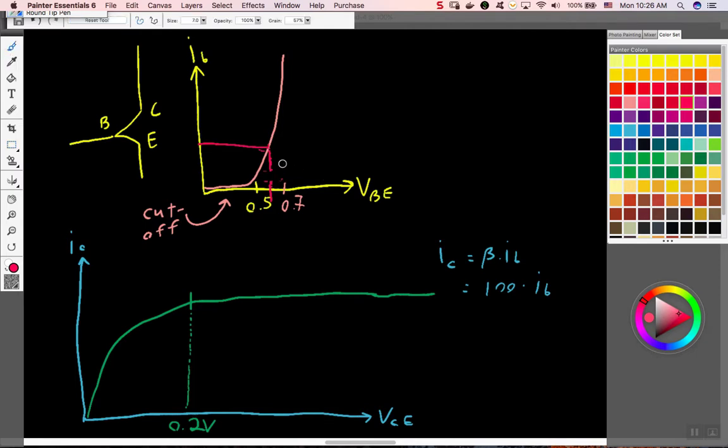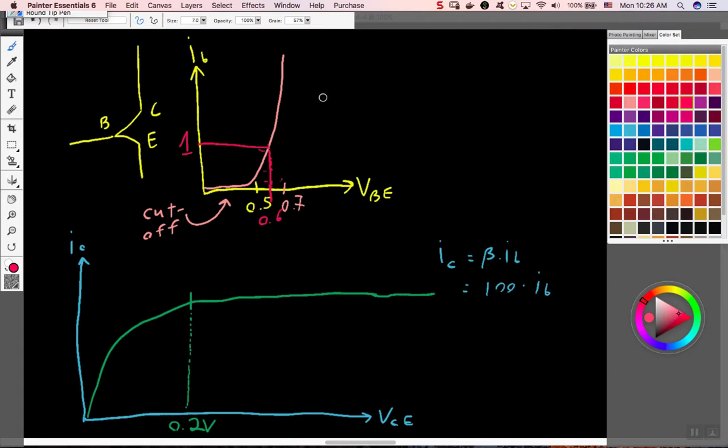And then this value is just 0.6. So when VBE is 0.6, IB is going to be equal to something, depending on the pink curve here. So let's say this value, I'm just making it up, it's just going to be 1. Just for ease, let's say just 1 ampere.